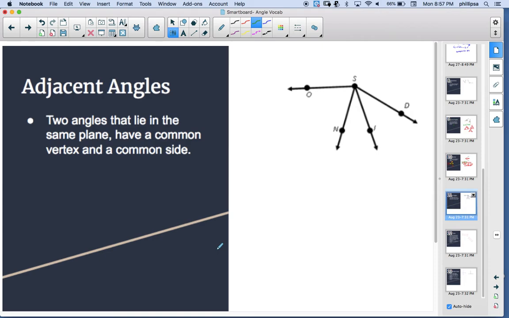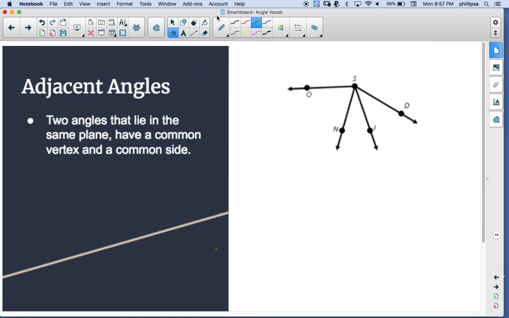Okay, so let's talk about adjacent angles. Adjacent angles are two angles that lie in the same plane, but they have to have a common vertex and a common side. So I have quite a few different angles going on here. I have some that are adjacent and some that are not. So let's talk about angle 1, angle 2, and angle 3.